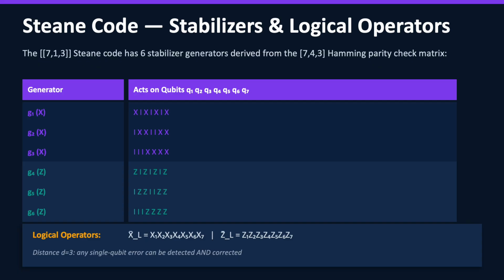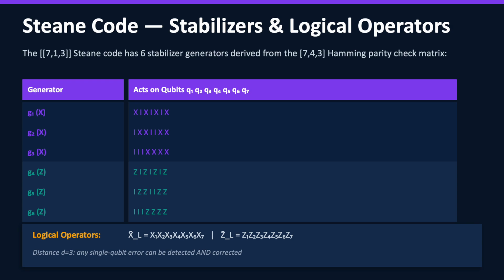This means the error identification process for the 2 types of errors never interferes with each other. You can diagnose the bit flip and phase flip errors simultaneously in parallel without any confusion about which type of error you are dealing with. The syndrome bits from the first three checks tell you everything about bit flips, and the syndrome bits from the last three checks tell you everything about the phase flips.